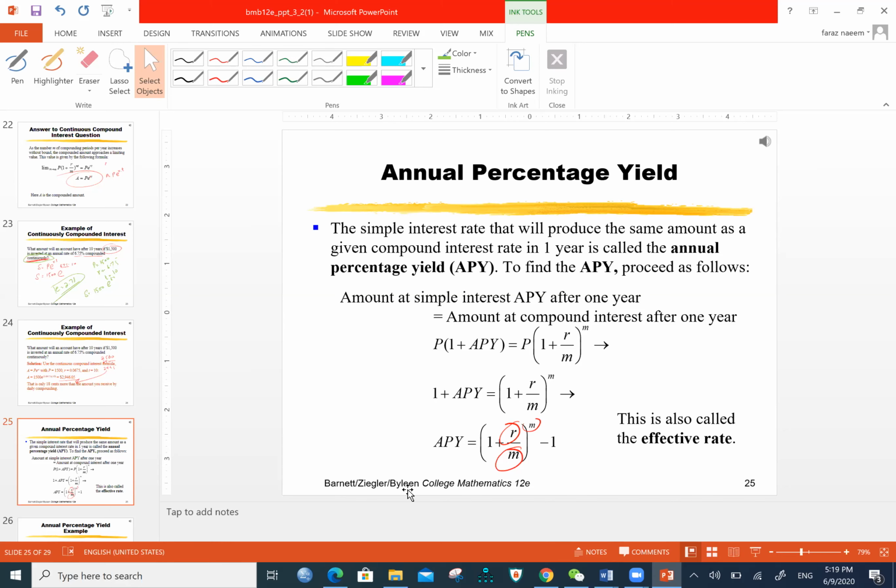So annual percentage yield tells us which bank is actually paying how much, which is called the effective rate. That is why we use annual percentage yield. And it is very simple. It would be given in the statement that we, and now how would we know when we need to apply annual percentage yield?